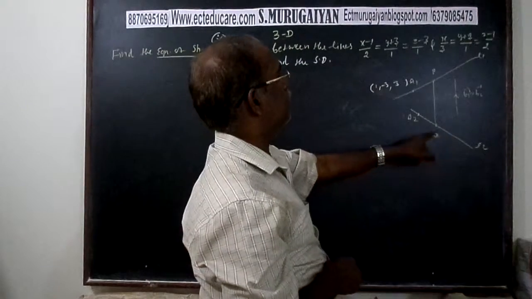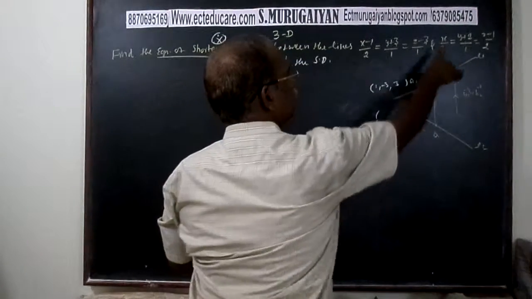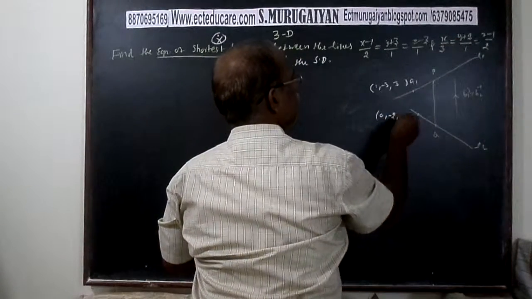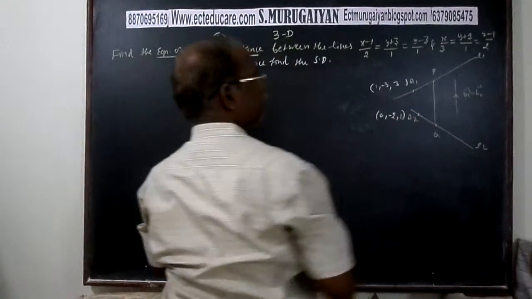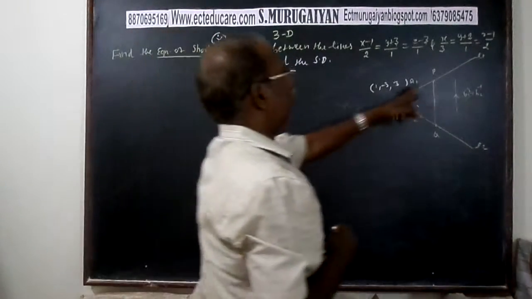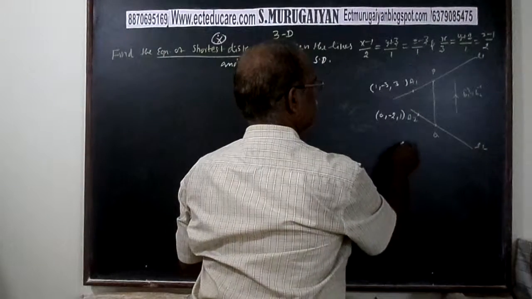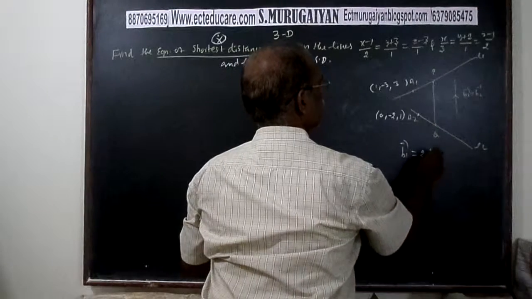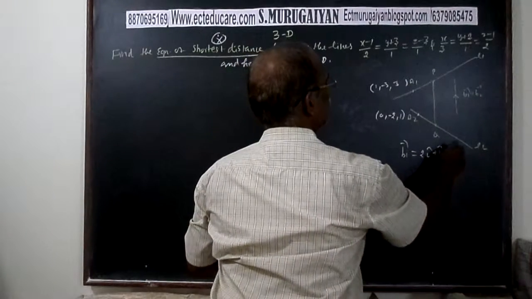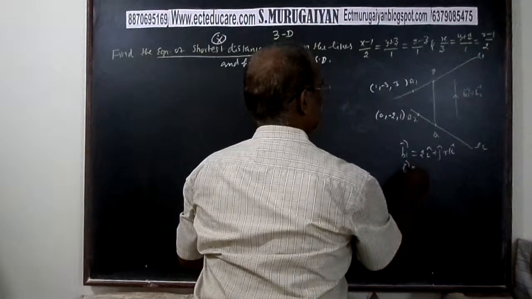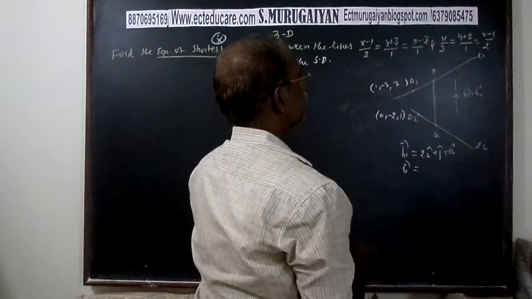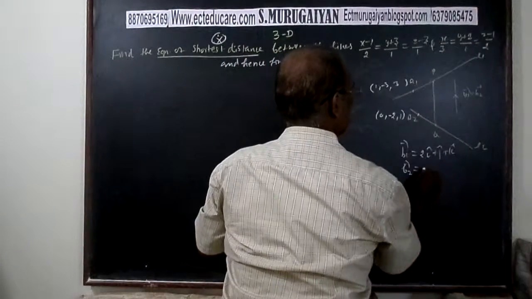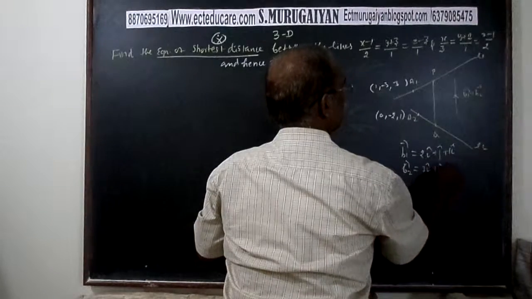Similarly, the second line passes through the point x minus x2 is 0, y minus y2 is negative 2, z minus z2 is 1. The first line is parallel to vector B1, that is 2i plus j plus k. Similarly, the second line is parallel to vector B2 with components 3i plus j plus 2k.